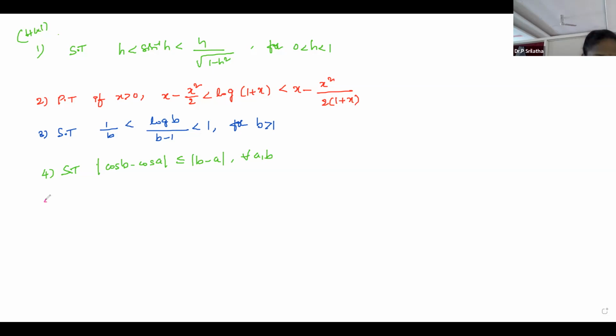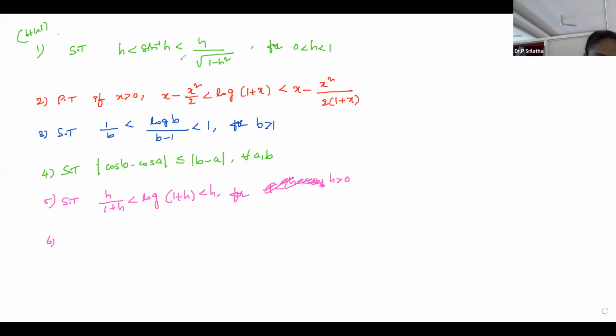And the next question is, so all of you try these problems. Show that h divided by 1 plus h is less than log of 1 plus h, which is less than h, for h greater than 0.